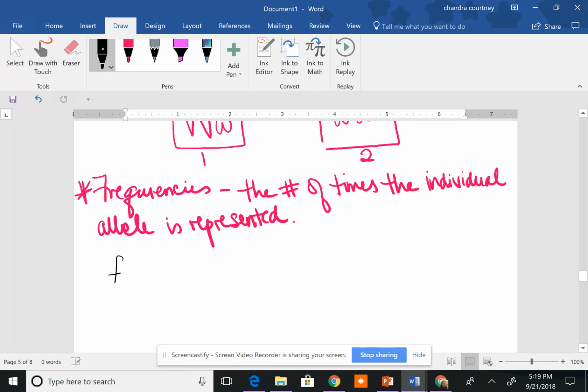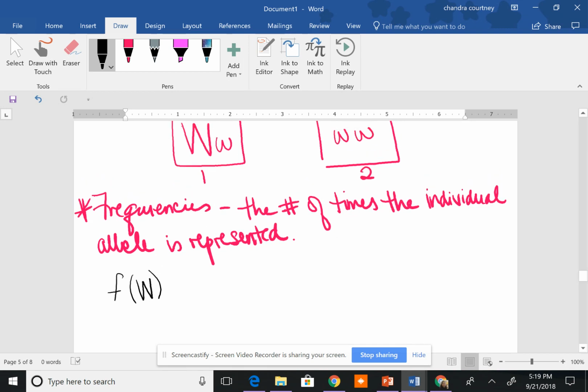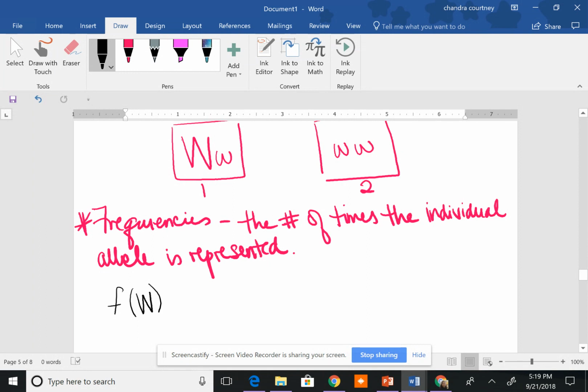So if we took the frequency of big W, what would the frequency of just that big W be? Now, you might be tempted to say, well, in this person, it's 1 out of 2, and in this person, it's 0 out of 2. But you're thinking of the number of times the individual allele, so the one big W, is represented total in the gene pool, total in the population. So maybe we should add that to our definition: in the population.